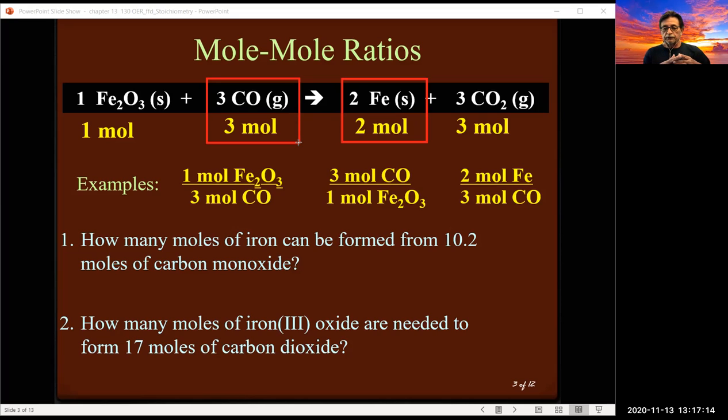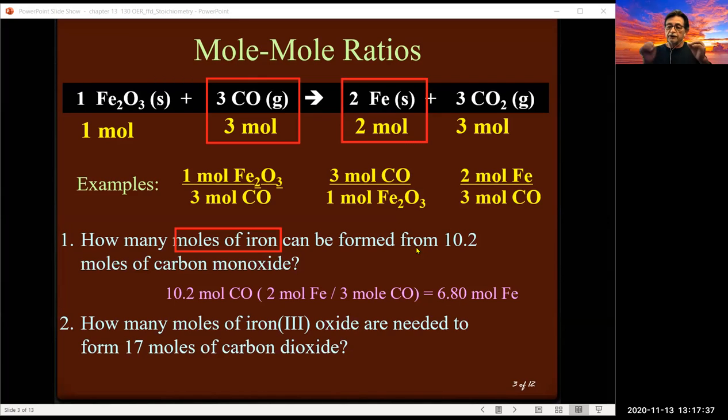And so once we know now that we're going to use the ratio of 2 iron per 3 carbon monoxide. Now, how do I know that I want the iron on top? Because that is what I'm looking for. I am looking for moles of iron. So that ratio that I utilize would have moles of iron in the numerator. And so I take 10.2 moles of carbon monoxide, keep track of my units.